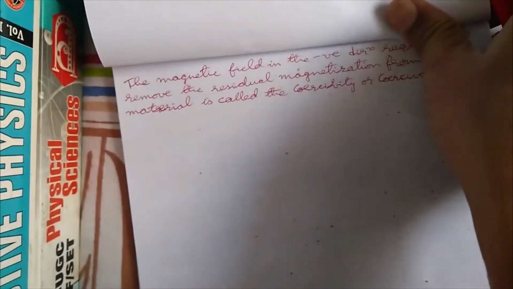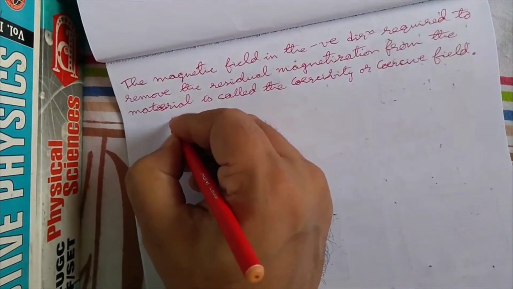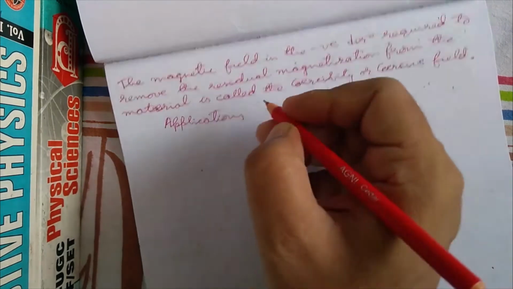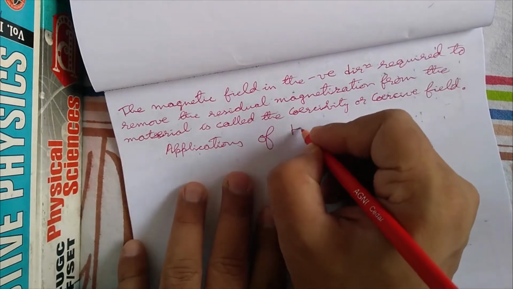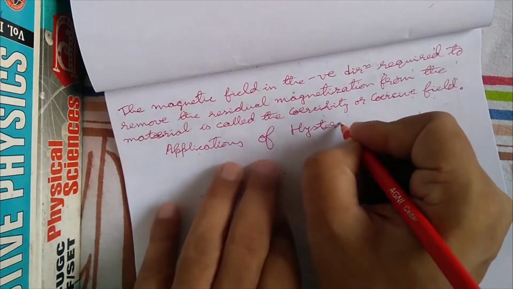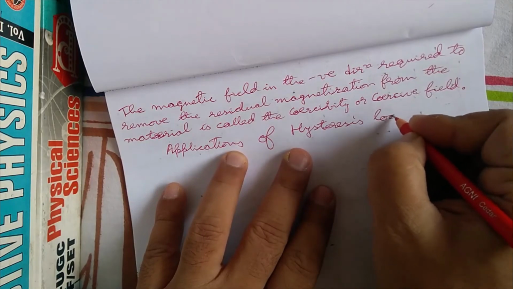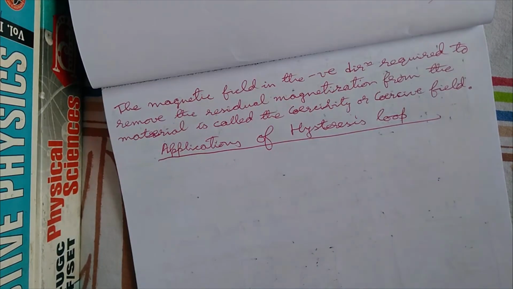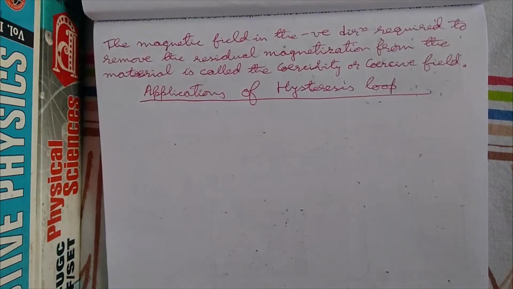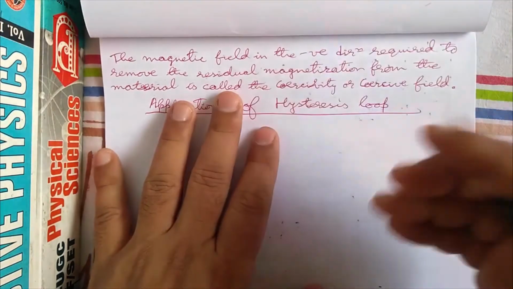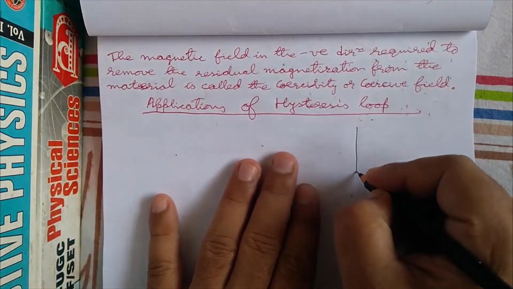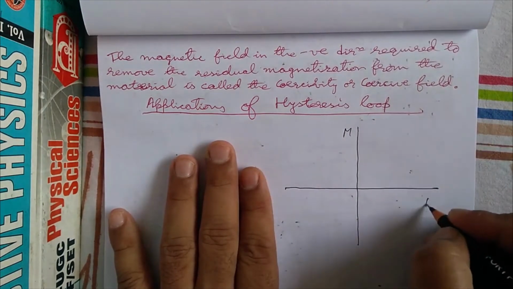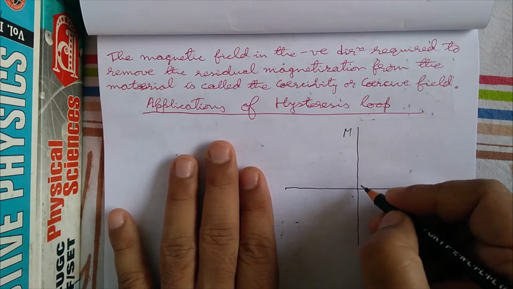Now you will have the applications of hysteresis loop. So what are the applications of the hysteresis loop? Hysteresis loops basically you can classify into two types, the one which I had drawn on the last page, like this.